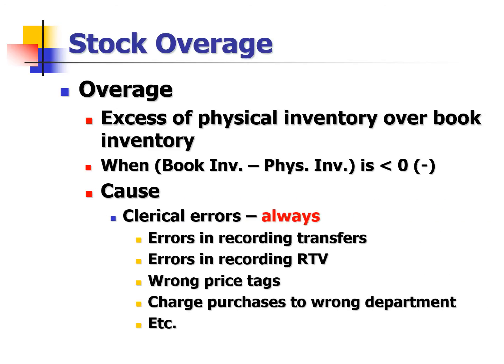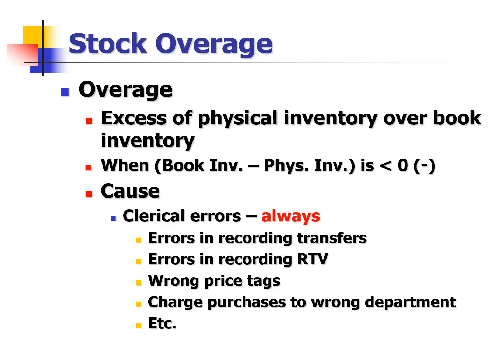So, one may wonder, why would you have any overage? Why does overage happen? It's always clerical errors. There will be really few cases where somebody actually brings stuff into the store, just adding stuff without letting anyone know, which never really happens, right? Unlike the shortage case, where you can imagine theft and things like that, overage is always due to clerical errors. Some errors in recording things, right?